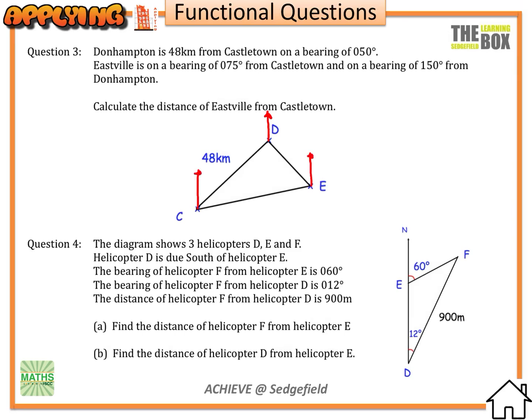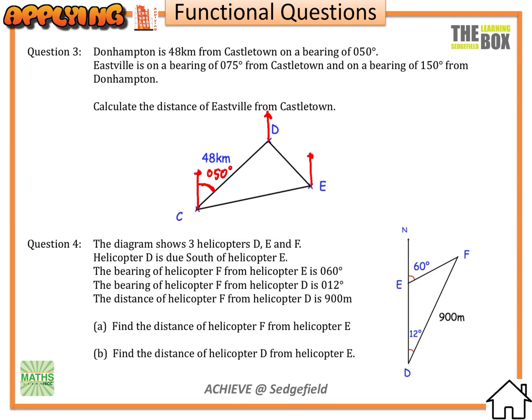Okay, so it says Donhampton is 48 kilometres from Castletown on a bearing of 050. So what that tells me is that from Castletown, measured from the north in a clockwise direction, that is 050 degrees.